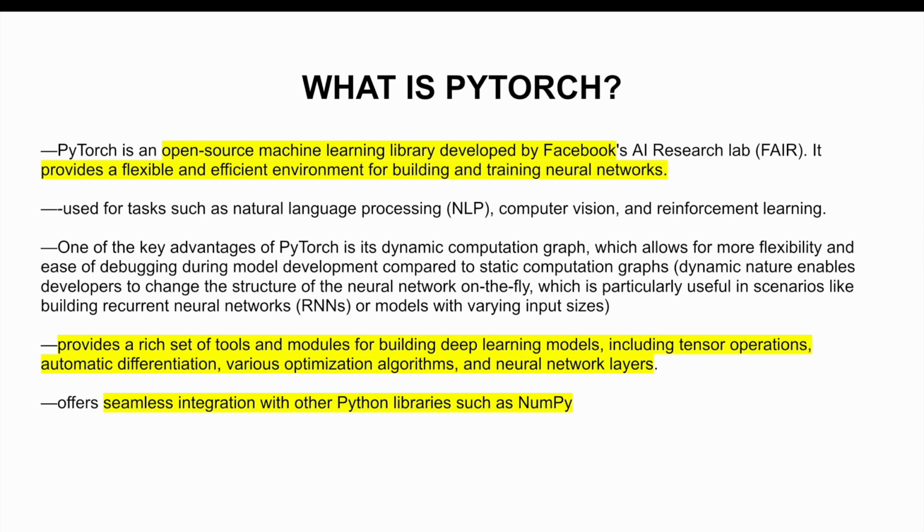So static computation graphs are like blueprints that computers use to plan out how to solve a problem before they actually start doing the work. It's kind of like drawing a map of all the steps you need to take to solve a puzzle before you begin putting the pieces together.